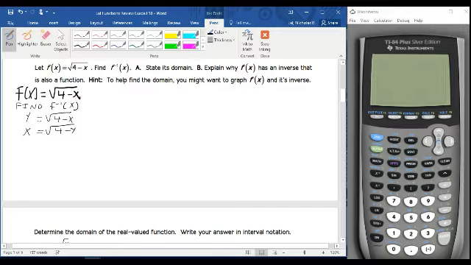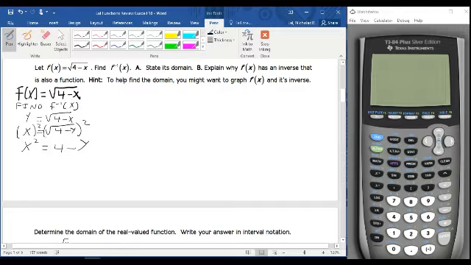And we have to isolate the y, so we square both sides to get rid of that square root. So our next step will have x squared is equal to 4 minus y. And then lastly, we need to isolate the y.